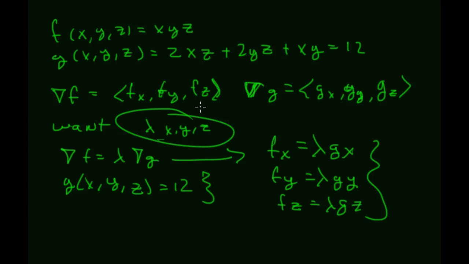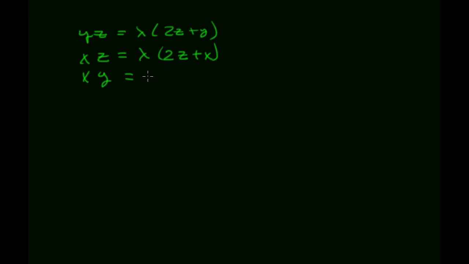Let's start with unpacking these a bit. fx is just going to be yz, and gx is going to be 2z plus y. fy is going to be xz. gy is just going to be 2z plus x. And fz is xy. gz is 2x plus 2y.